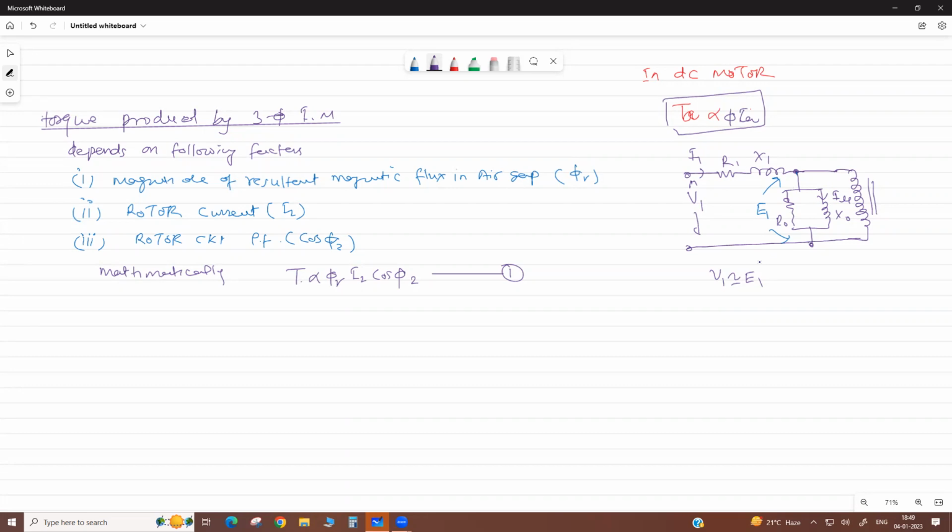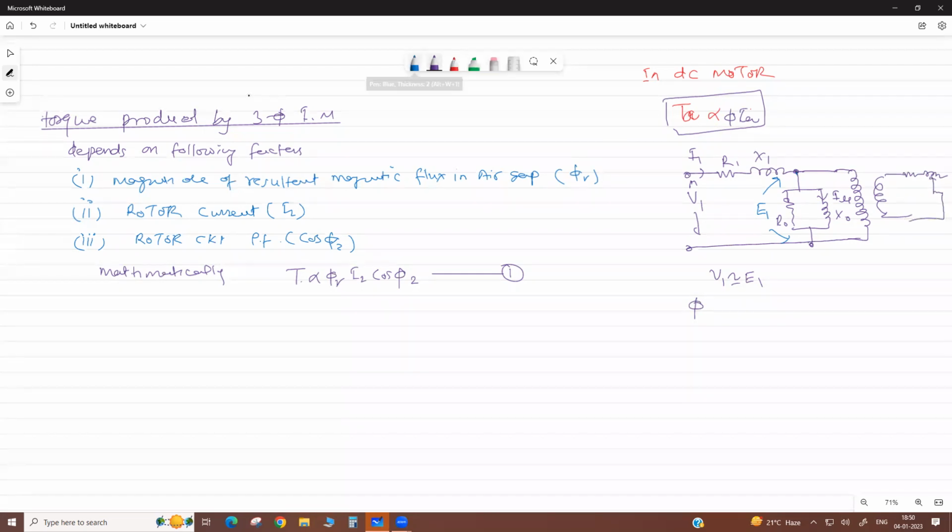Correct, no? So actually, this flux, when your motor is at no load, generally takes a magnetizing current. This is your rotor circuit.